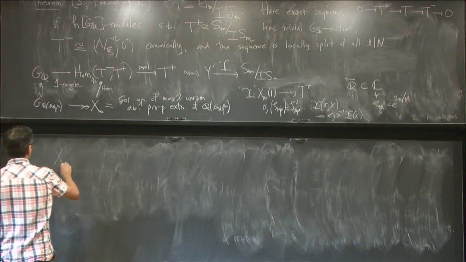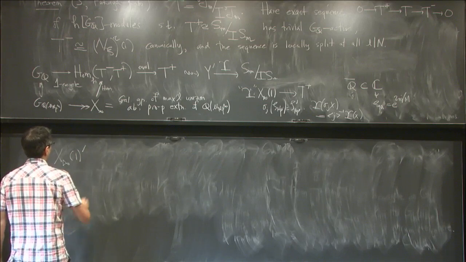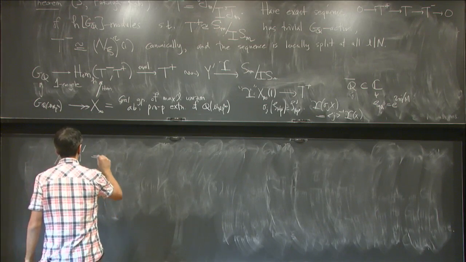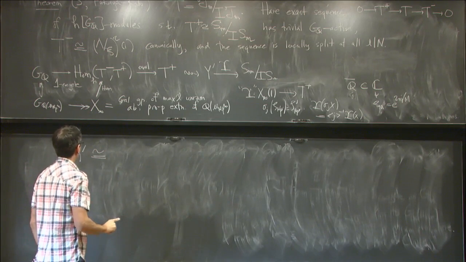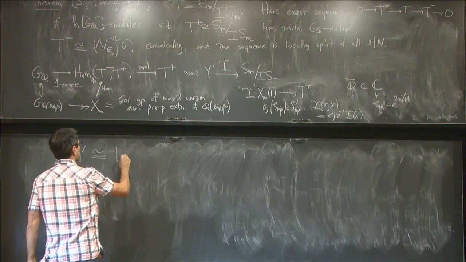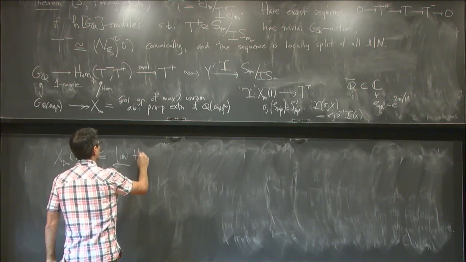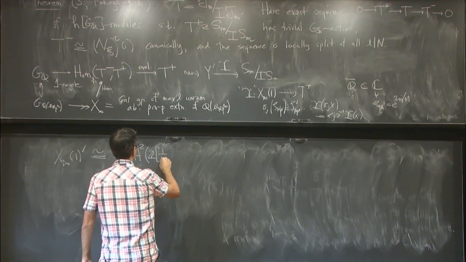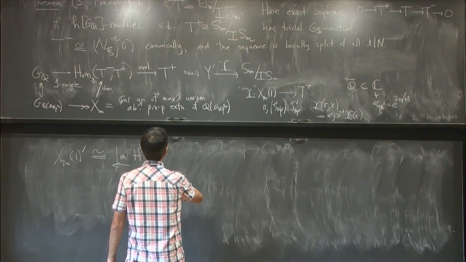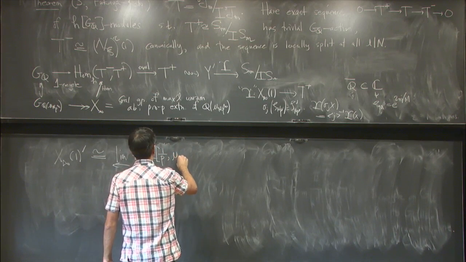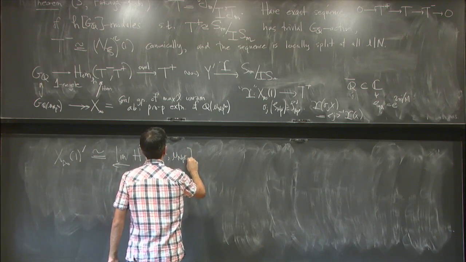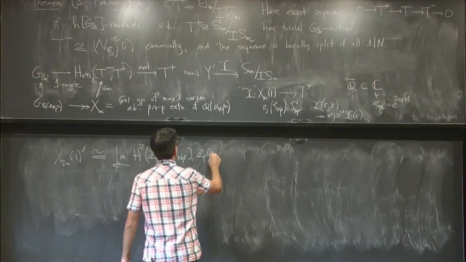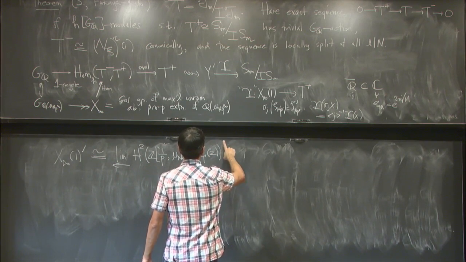At least on this prime part, which is all in the plus part, this is the same as the inverse limit over H^2(Z[1/np], mu_{np^r}) tensor Z_p, prime.